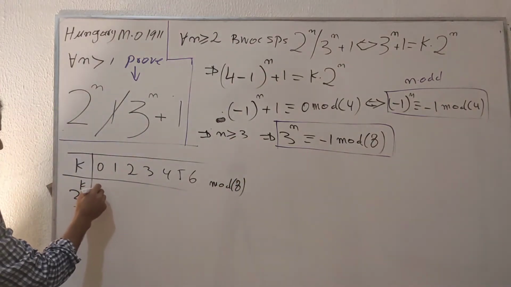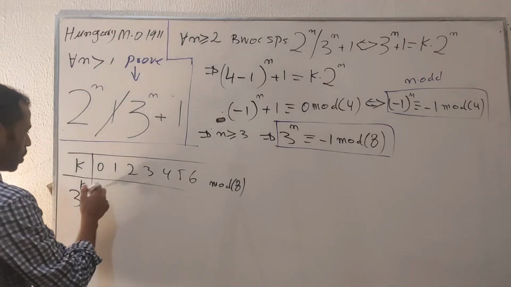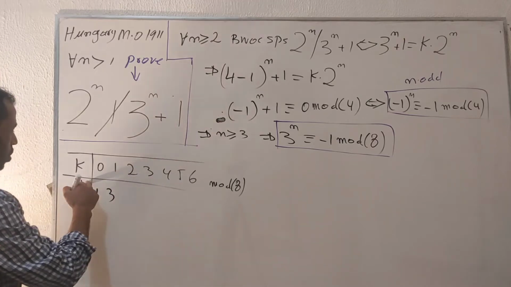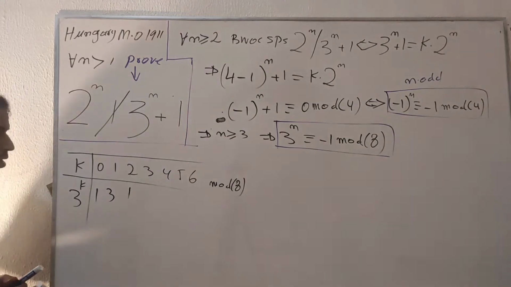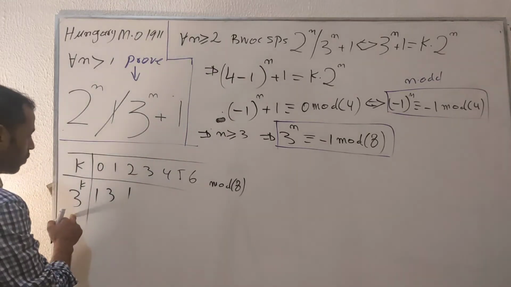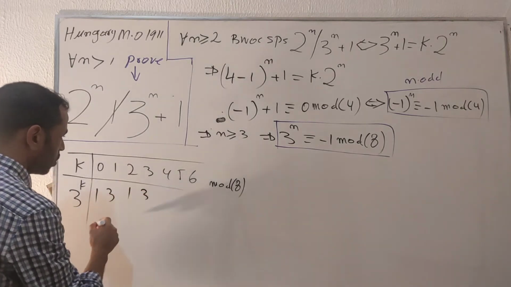For k = 0, I get 1. For k = 1, I get 3. For k = 2, I get 3^2, which is 9, and 9 is 1 more than 8, so the remainder is 1. For k = 3, I get 3^3, which is 27. 27 is 3 more than 24, so the remainder is 3.